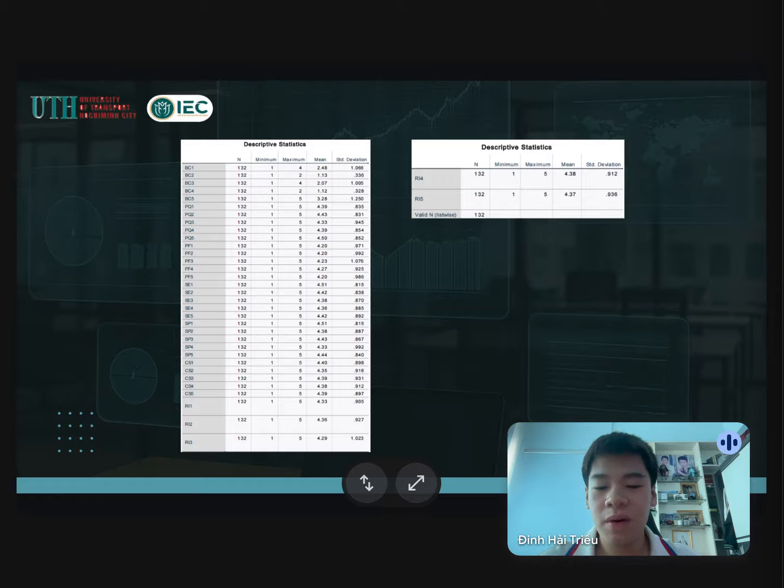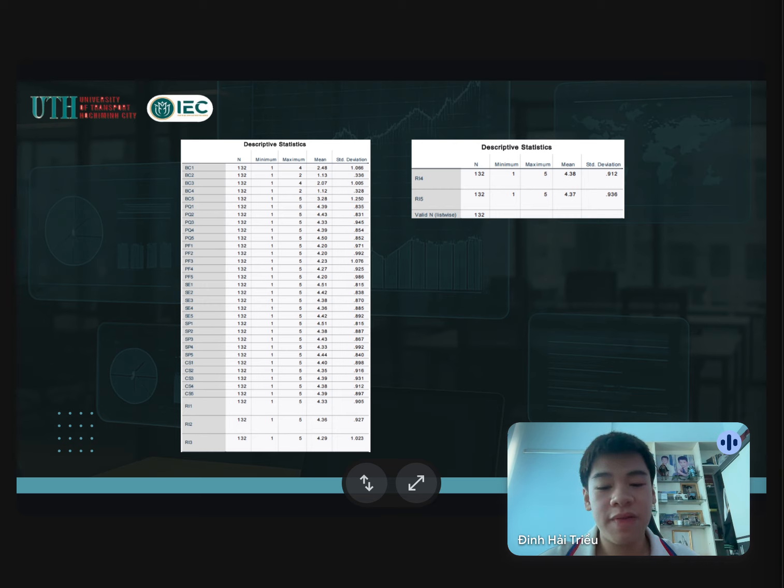Besides the mean, we also consider the standard deviation, which shows how spread out the responses are. Most standard deviations are below 1, indicating that respondents answered quite consistently. In other words, there is relatively little disagreement among the participants.